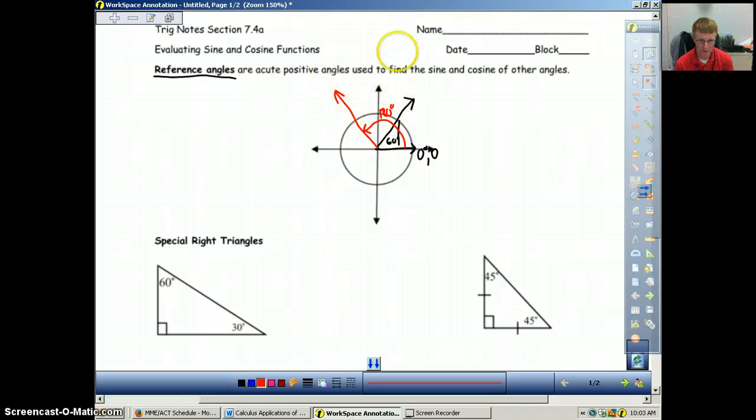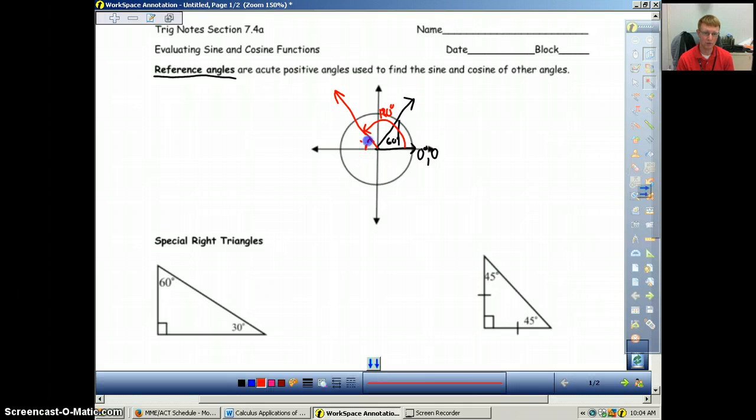Well, a reference angle is always the angle that is created from the ray that is drawn down to the x-axis. It always has to be the x-axis. So this reference angle right here is not 120 degrees. The reference angle is the angle created between the x-axis and the ray that's there.